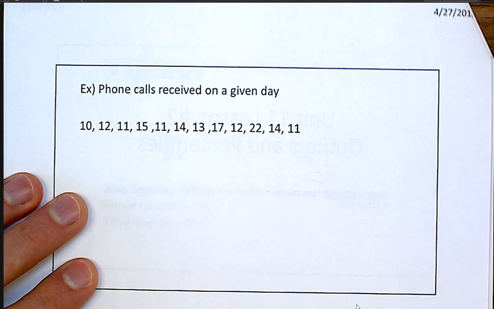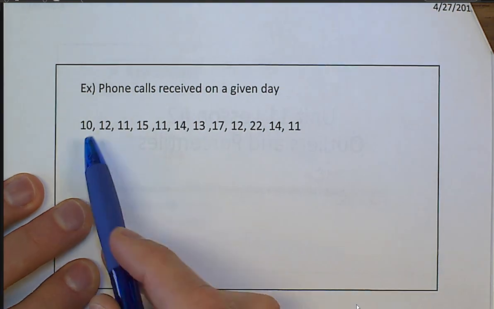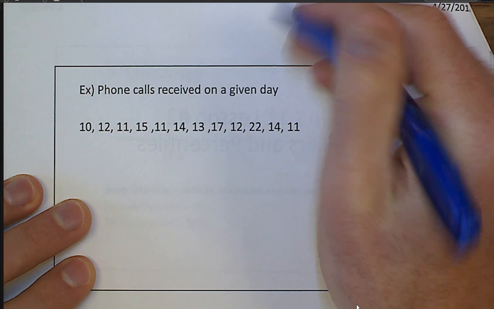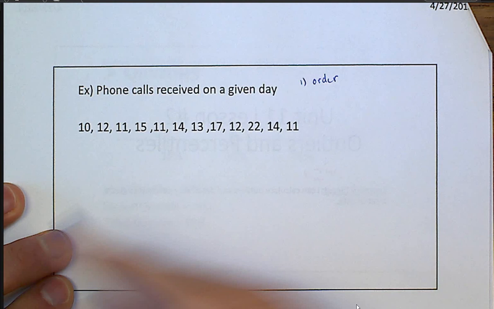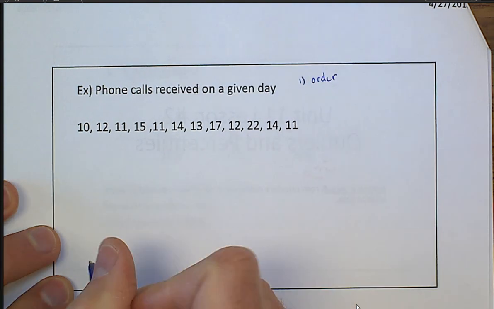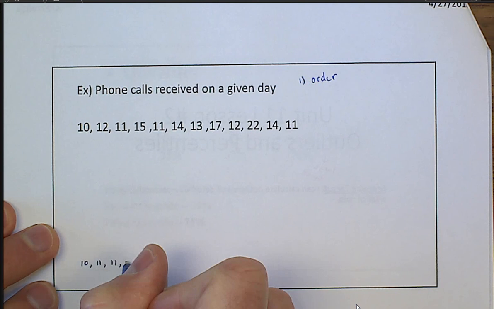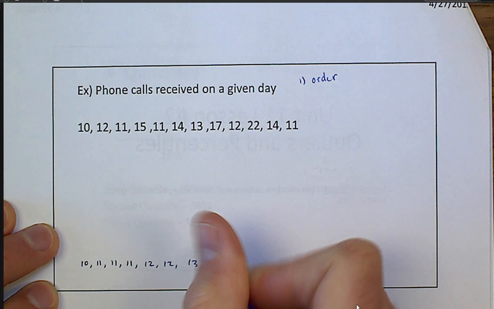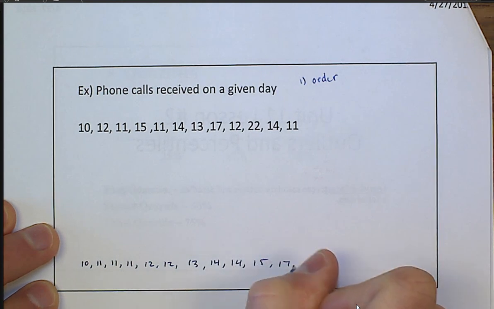So here's an example. We just call it phone calls received on a given day. So you receive 10 phone calls, 12 phone calls, etc. First thing we want to do is make sure we put this in order. All right? So I'll do that right now. Basically, we have 10, 11, 11, 11, 12, 12, 13, 14, 14, 15, 17, and 22.